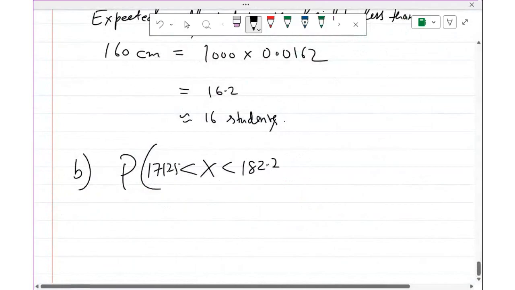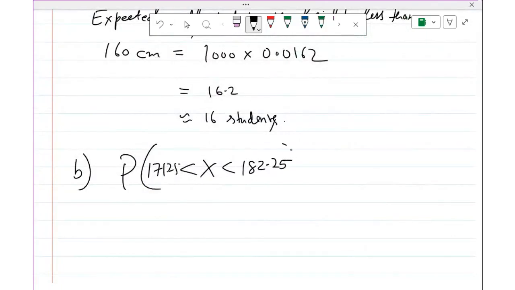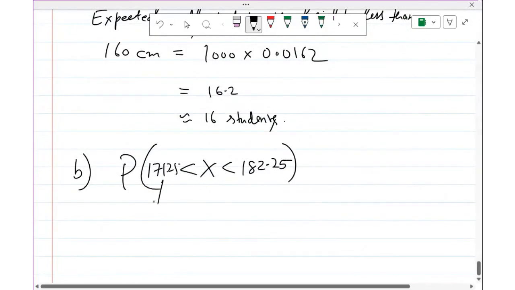Using the same logic, same reasoning, we will convert this in terms of Z. So you can call this Z1 is equal to X1 minus mu divided by sigma. Z2 is equal to X2 minus mu divided by sigma.